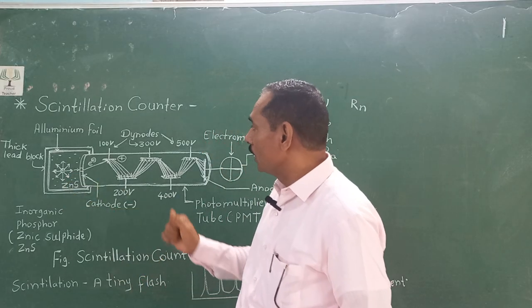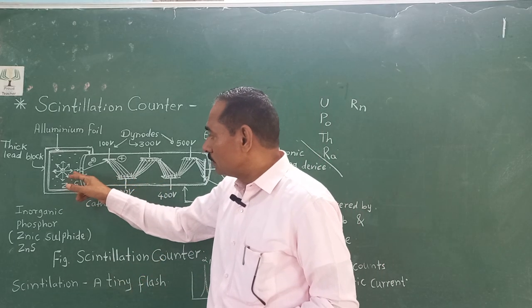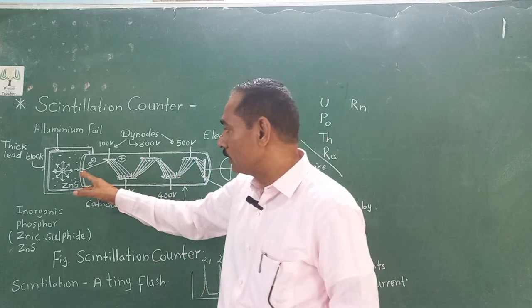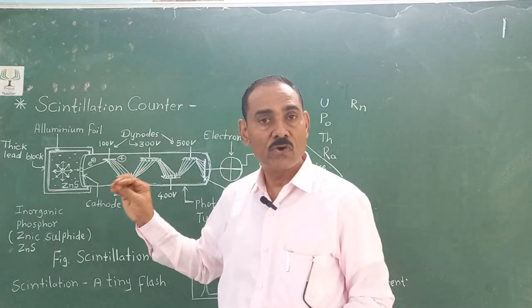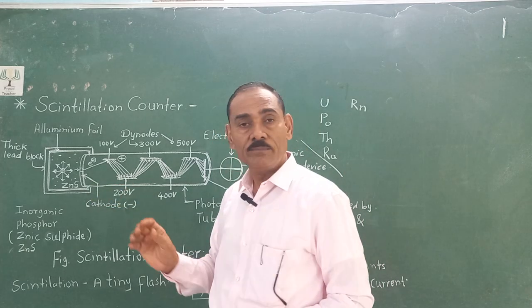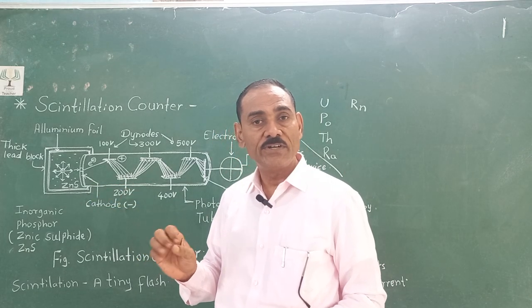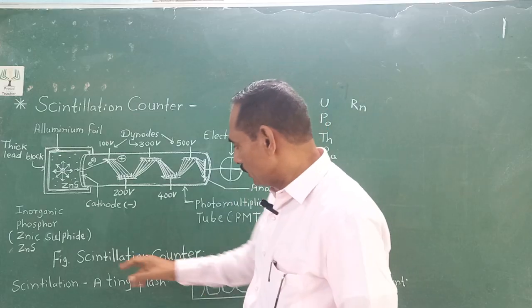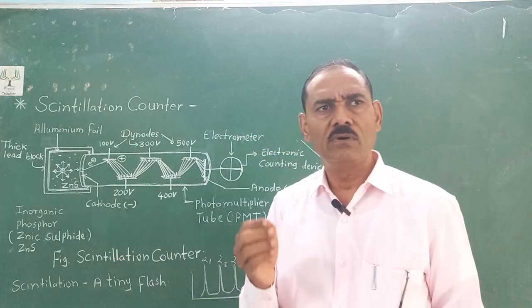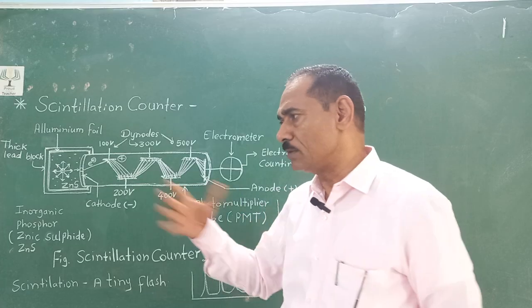Now, that radioactive substance emits alpha and beta particles. They fall on the phosphor zinc sulfide, and zinc sulfide emits a tiny flash of light. Tiny means within a fraction of a second it emits.